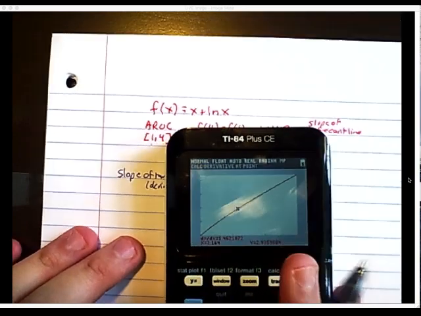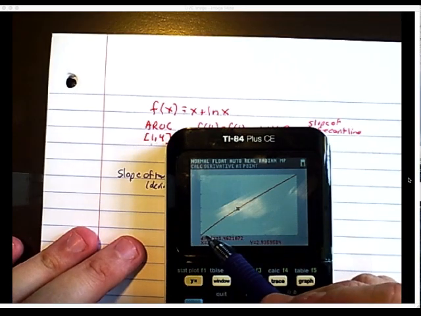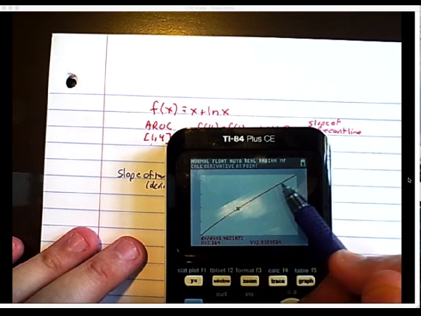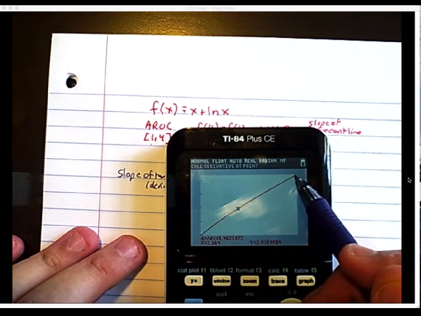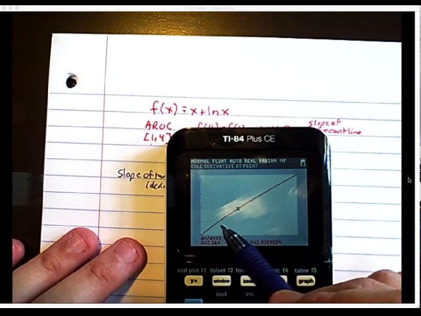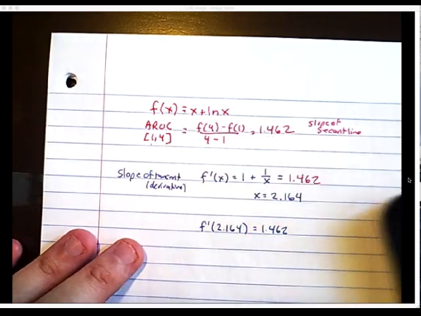Now we do have to say one more thing. Look at this curve. This curve is continuous, because you can draw it without picking up your pencil. And it's also differentiable because there are no hard corners, no cusps, and no vertical tangents.